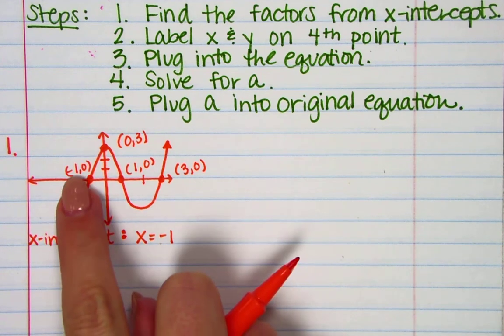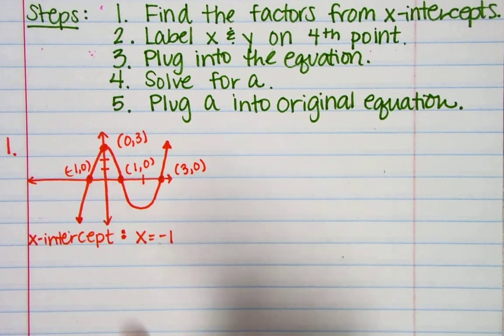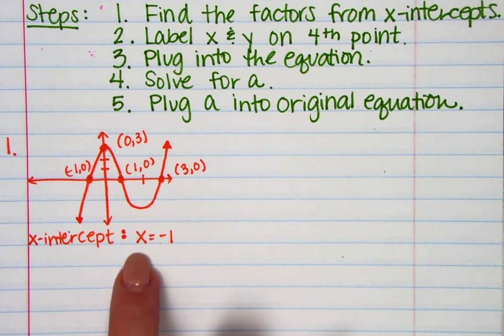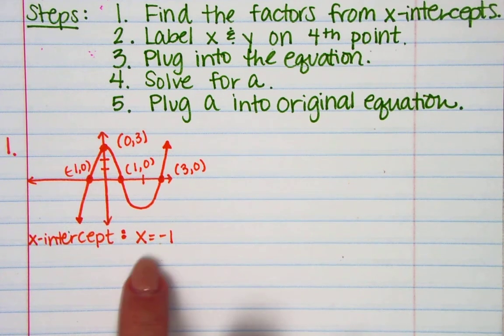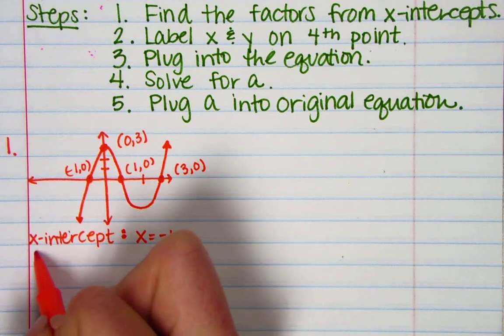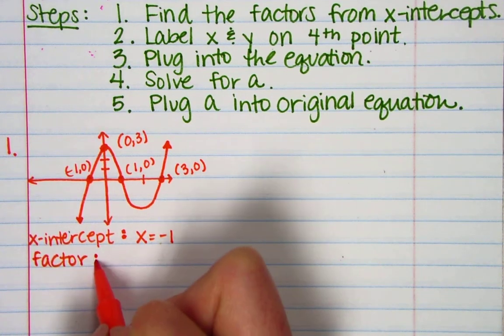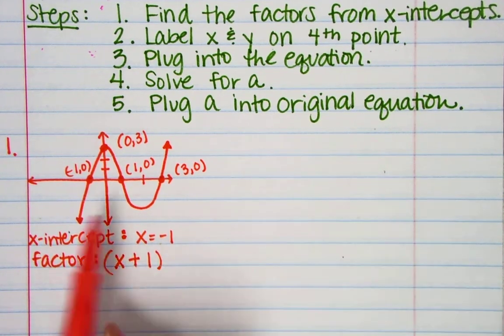It's true for all three of these, but I'm using this one as an example. And remember, the way we found that was we set it equal to 0 and solved. To go backwards to the factor, we want to move the 1 over to the same side. So in that case, the factor will be x plus 1.